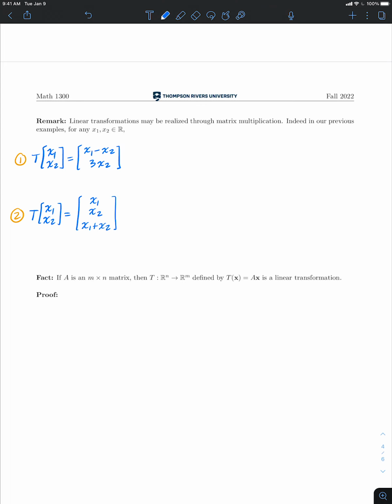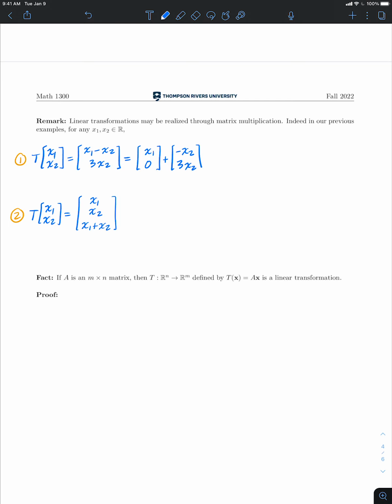Let's start with the first one. Don't worry too much about why I'm doing these steps. I just want you to believe the steps and be convinced at the end. I'm going to split this up as the sum of two vectors, just applying properties of vector arithmetic. So it's going to be x1, 0 plus negative x2, 3x2.